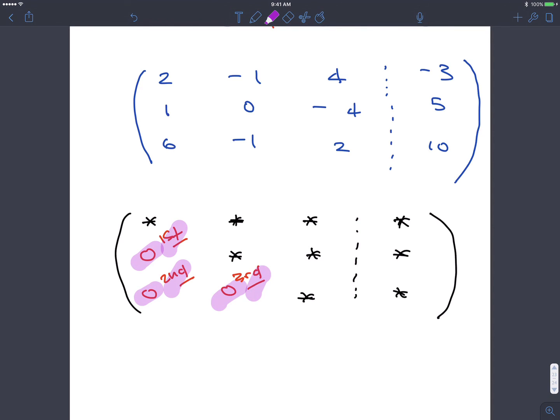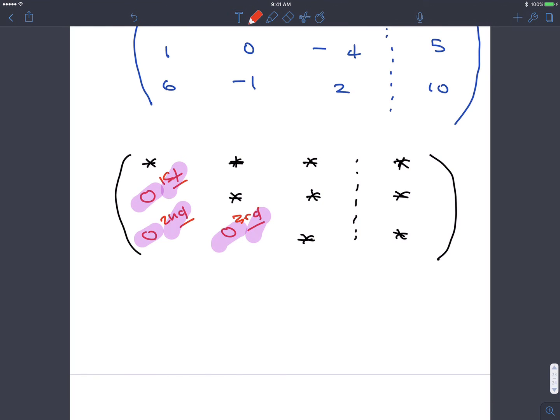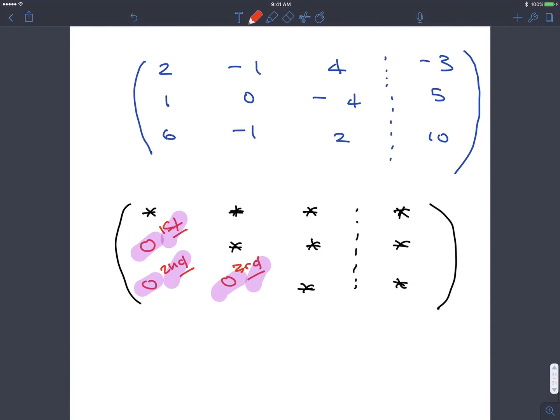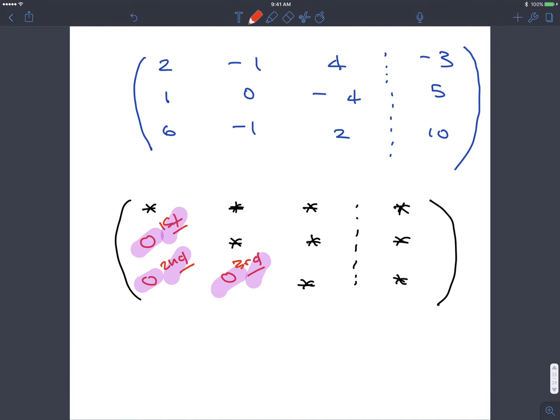Now remember, there's some pretty good strategies here, and this is what I want to do. Using elementary row operations, we can interchange rows. So what I want to do now is this. Let me erase this here. It's going to be in our notes. This is what we really want to do. Make these entries 0. Row echelon form.